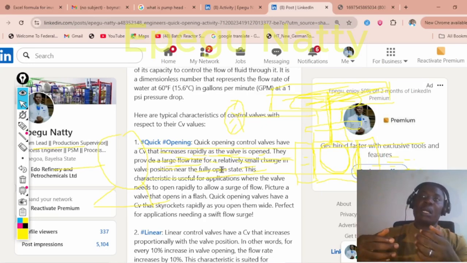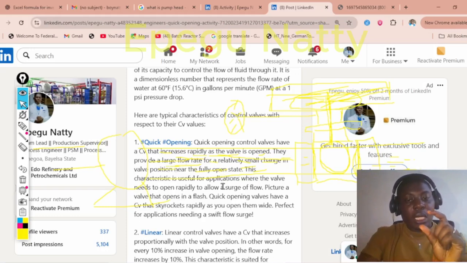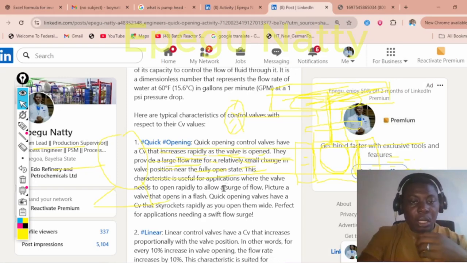But when we are trying to control a process that requires a gradual increase, we don't need this. They provide a large flow rate for a relatively small change. So if immediately you open it a little, there is going to be a large flow. This characteristic is useful for applications where the valve needs to open rapidly to allow a surge of flow.